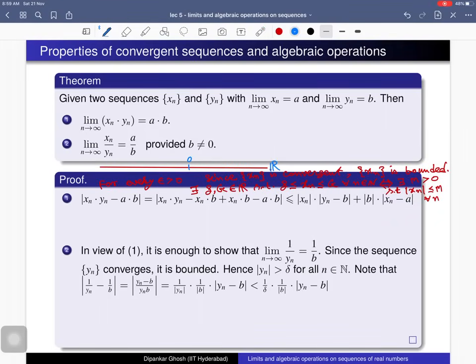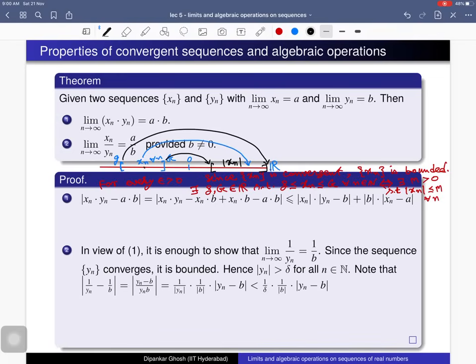So I should take this particular thing. Suppose xn lies in this range. So this is your g and this is capital G, and xn lies here for all n. Then if you consider absolute value, it should lie here: this quantity will come here, and this one will come here. So mod xn will lie here.